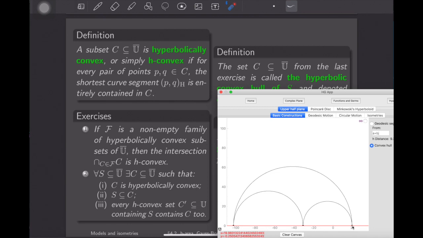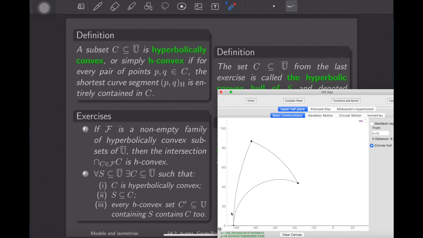And what we can see then is that we are allowing triangles whose vertices, or at least some of their vertices, lie in R bar and are not finite points. Right? So that's the point, that we are ultimately allowing hyperbolic polygons that may have some points at infinity as vertices.